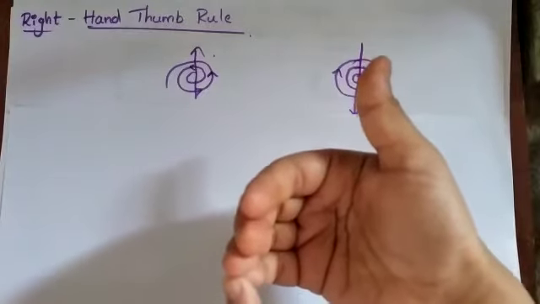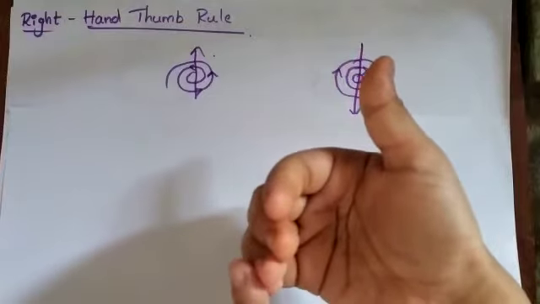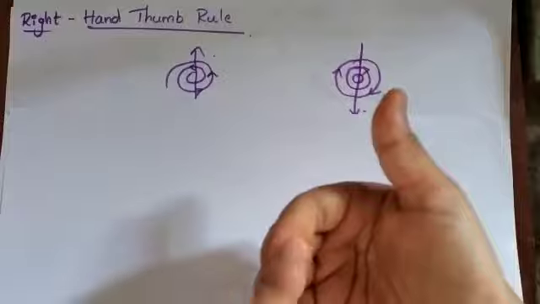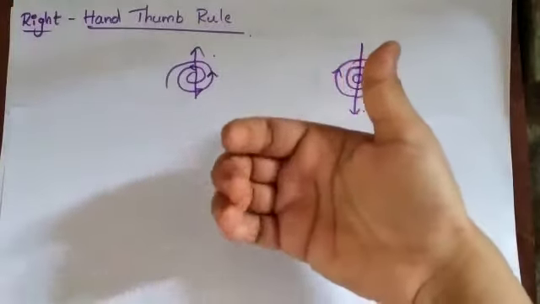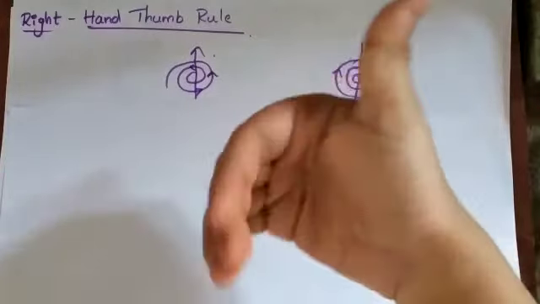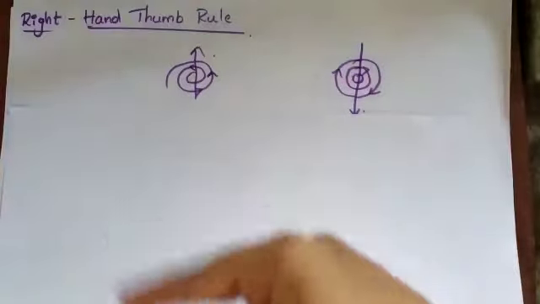That means whether the magnetic field lines are in the clockwise direction or in the anti-clockwise direction, the fingers will show it. So when the current is moving in the upward direction, the magnetic field lines will be moving in the anti-clockwise direction, isn't it? This is the clockwise, and this is the anti-clockwise.